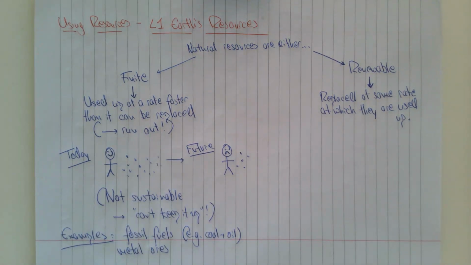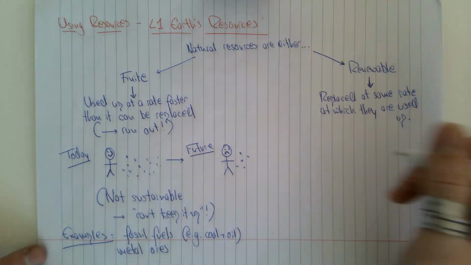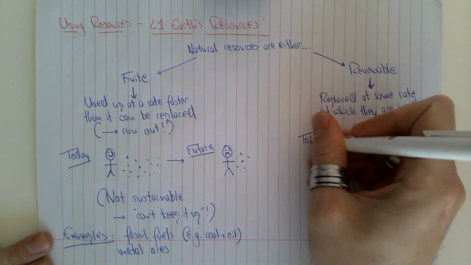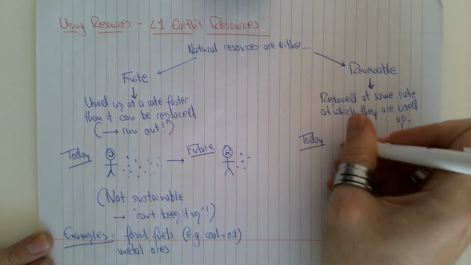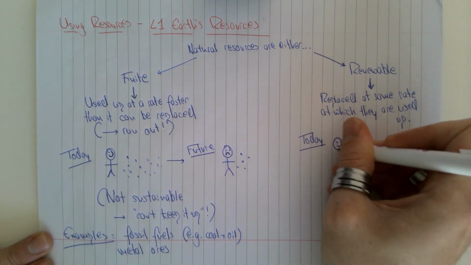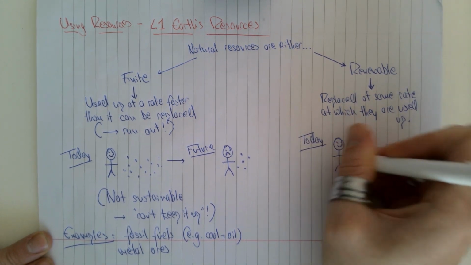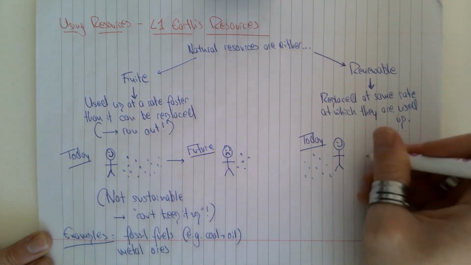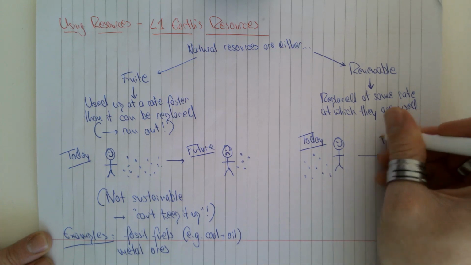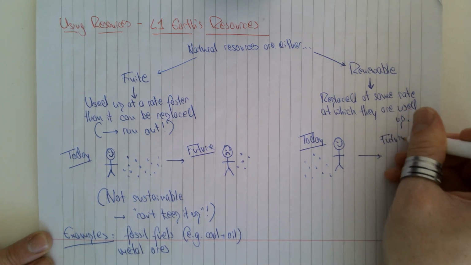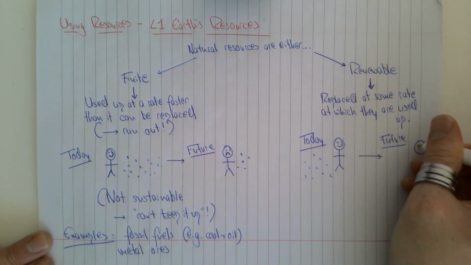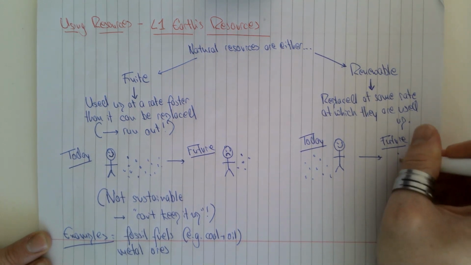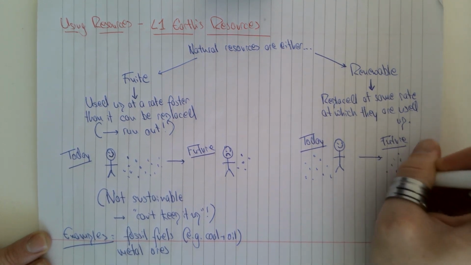So if you think about that in terms of our little human example, time, human today is using all of these resources, but they're also being replaced. Future, still going to be happy and have those resources available. It won't have diminished.